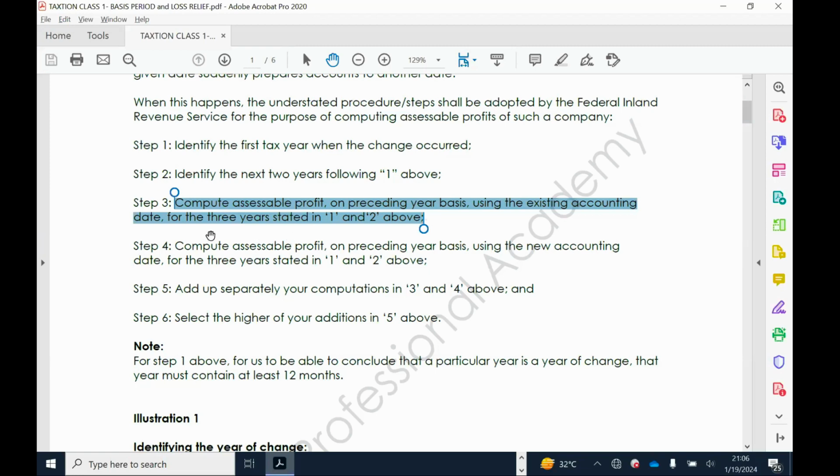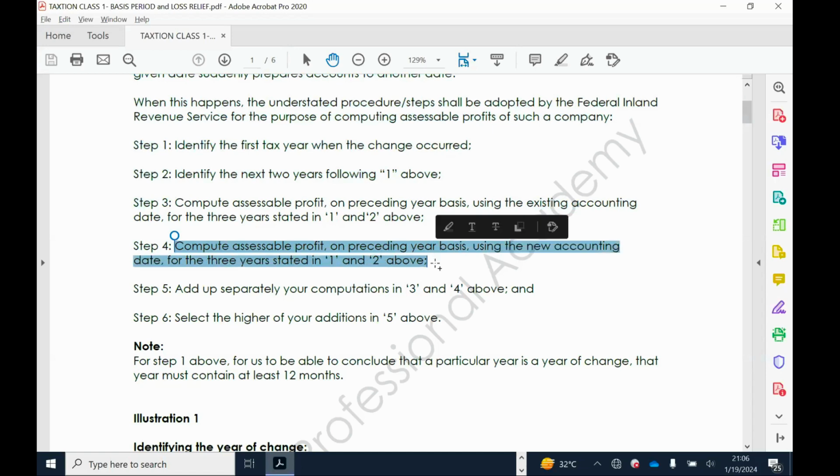The fourth step now says that you should compute the assessable profit also for these 3 years using the new accounting dates. So if they switched from 30th of September to 31st of December, the third step says that we should compute the assessable profit using 30th of September.